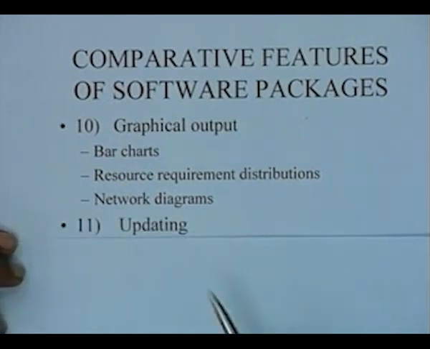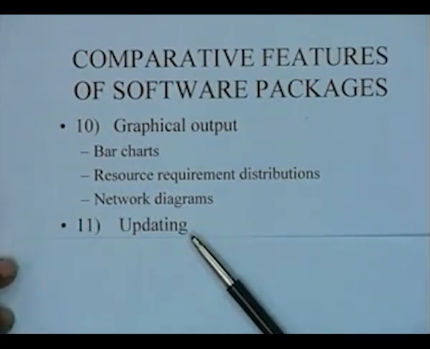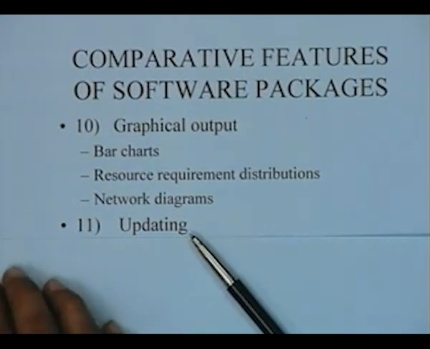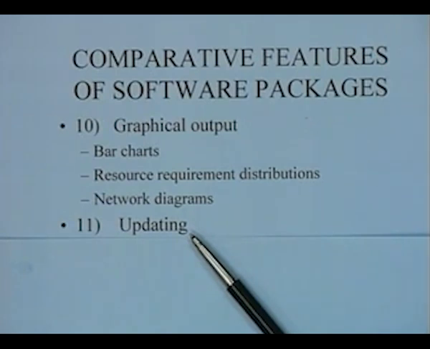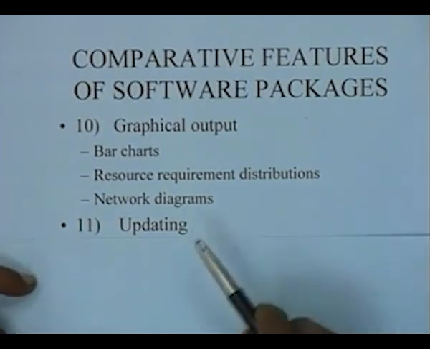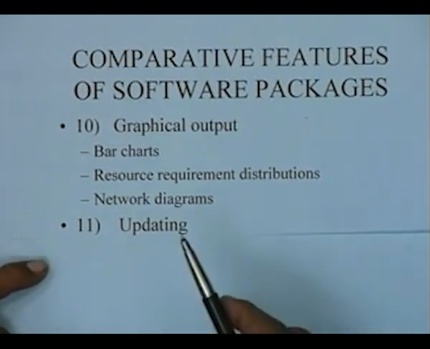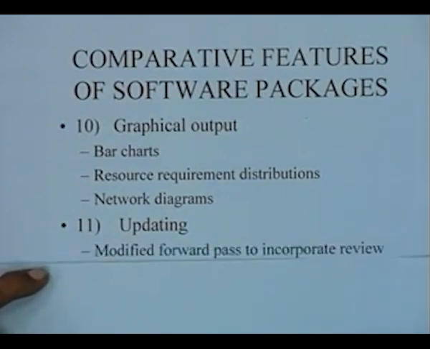Updating. Updating, as I told you before, is very important for identifying what changes when, and what the revised course of action is when you are going to do something else. So what does updating really mean?